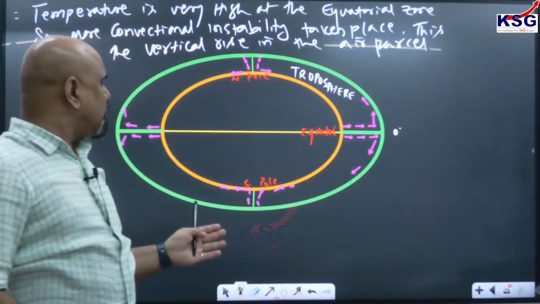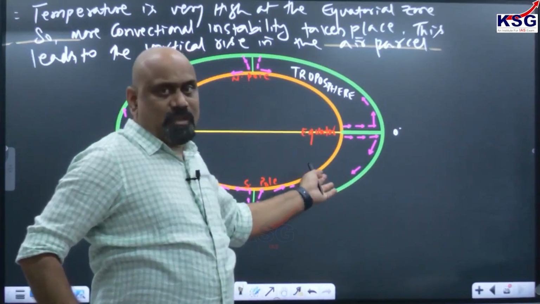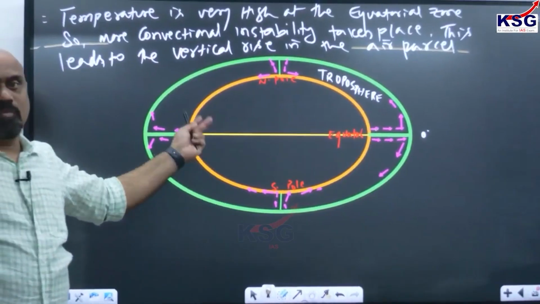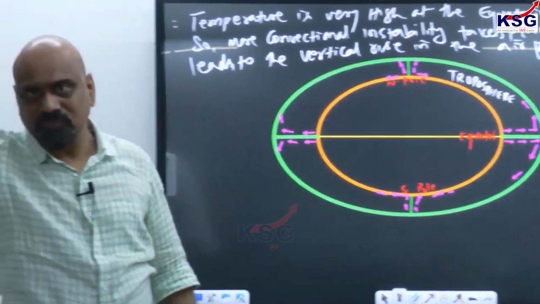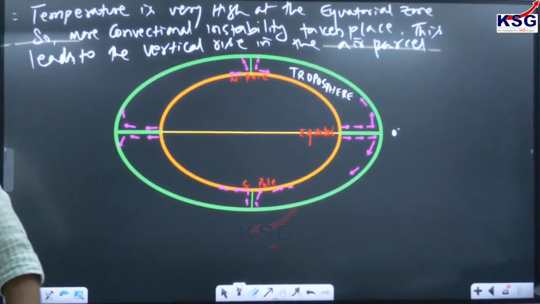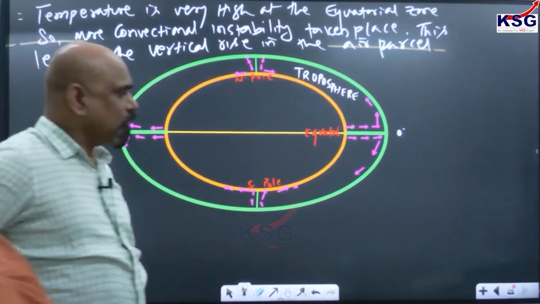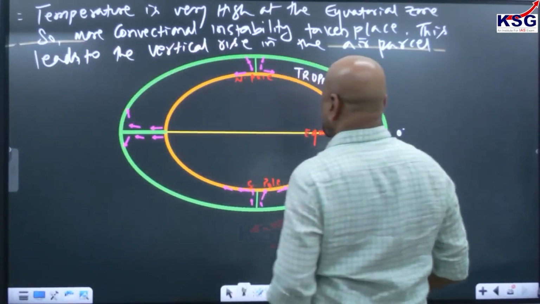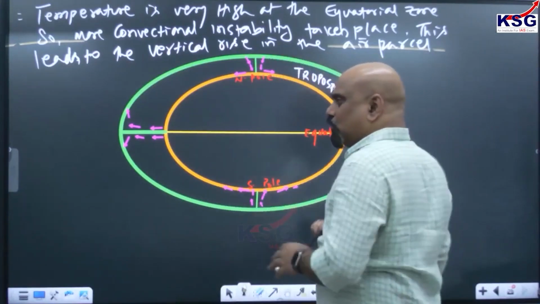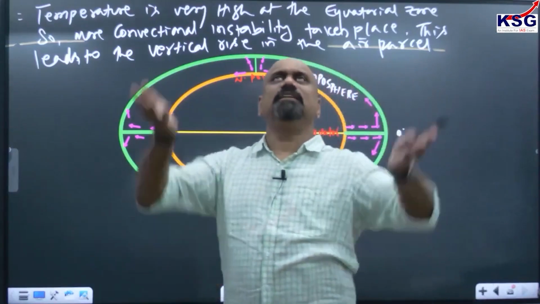Near the equator, the convectional instability is very high, so the air moves upward. At the equatorial region there is a vertical rise in the air parcel.